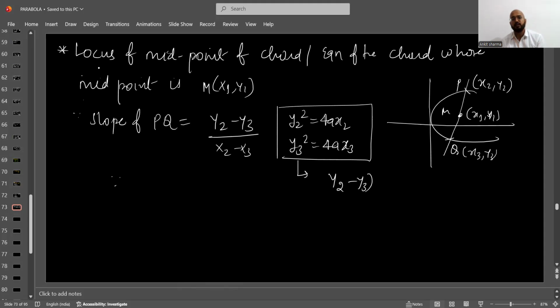So if I subtract these two, then I'll be having y2 minus y3 into y2 plus y3, because this is going to be a square minus b square, equal to 4a common into x2 minus x3.